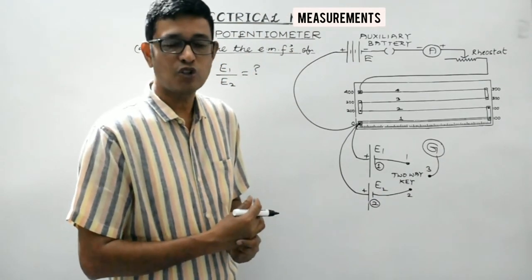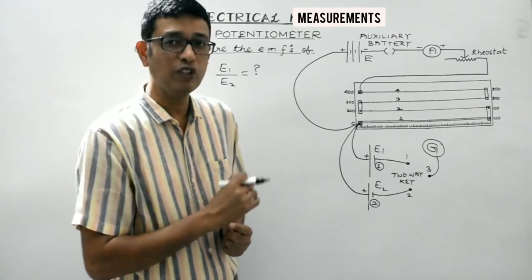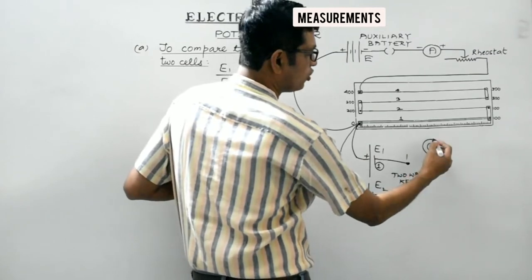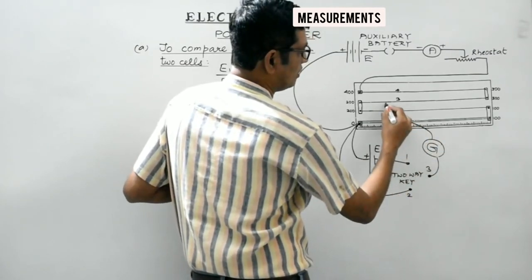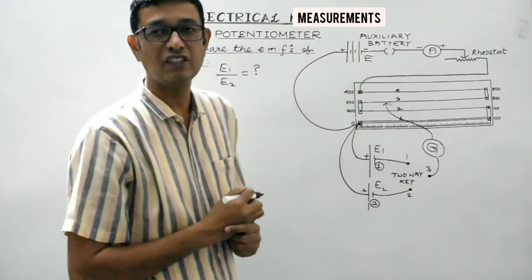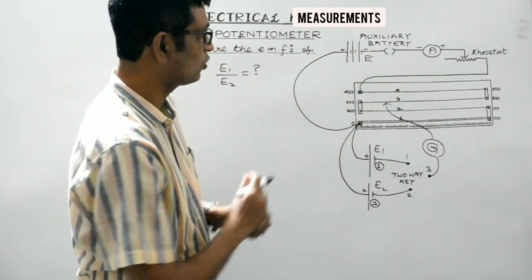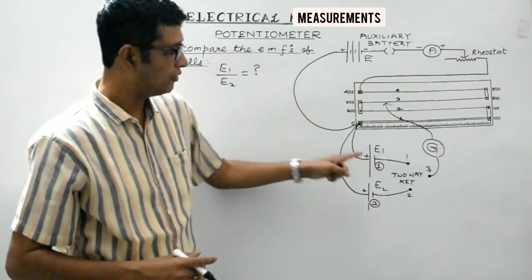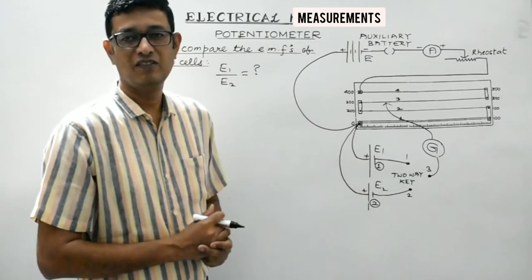In case it does not show any deflection, it means that current is not flowing through that particular branch, right? And the other end of the galvanometer is connected to a jockey, which can be slided over these four segments of the standard resistance wire. So students, this is the circuit diagram for the comparison of EMFs of these two cells, right?